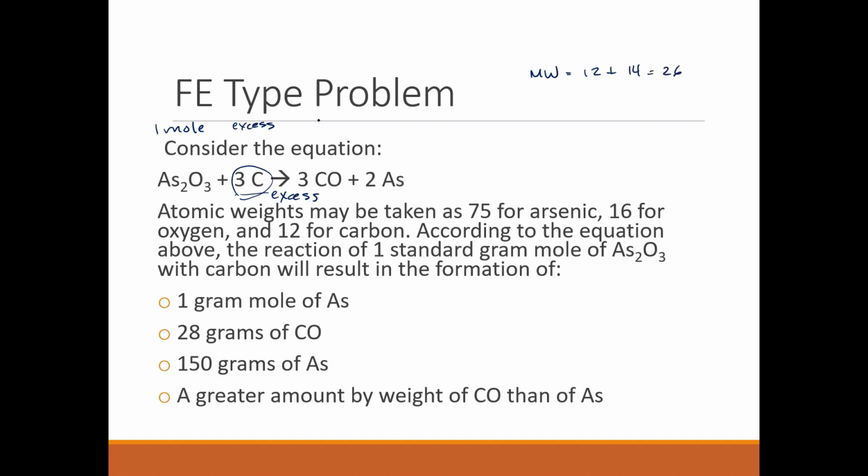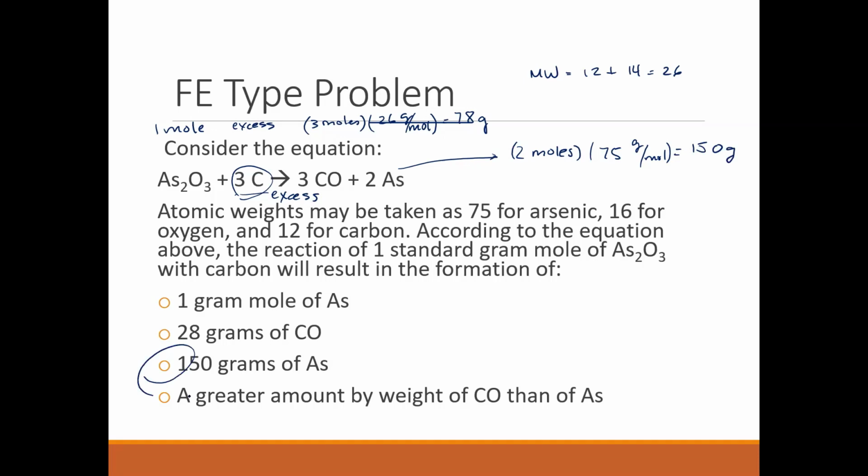So if we have 3 moles times 26 grams per mole, that's equal to 78 grams. And then for arsenic, we have 2 moles that we form, and arsenic, you're told, has an atomic weight of 75 grams per mole. So that is 150 grams. So that is the correct answer.